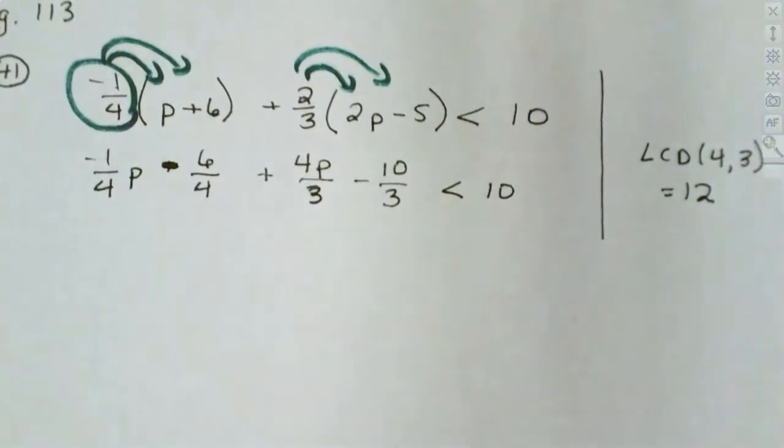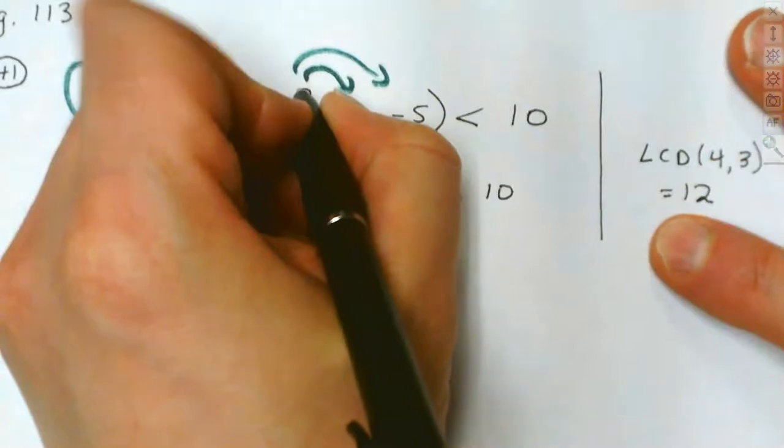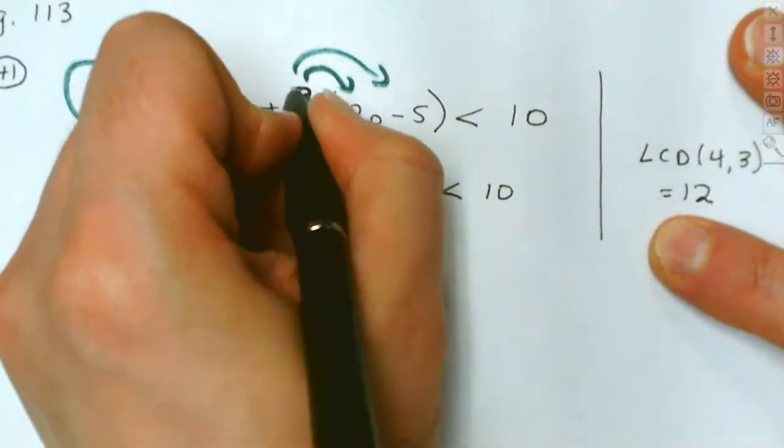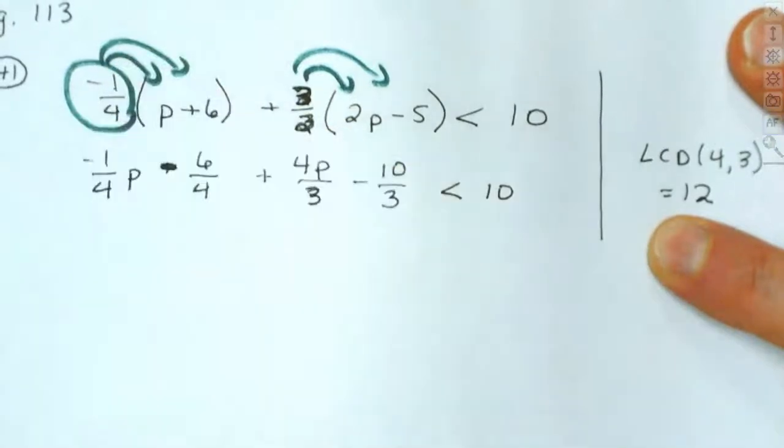Yeah, it's 2/3. Oh, yep, I flipped it over. Sorry about that. My mistake there. I just copied it down wrong. Let me fix it here. That's 3 over 2. Sorry about that. Didn't mean to do that. Okay, so that's the only mistake there. Yep, it's going to be 3 over 2 there.